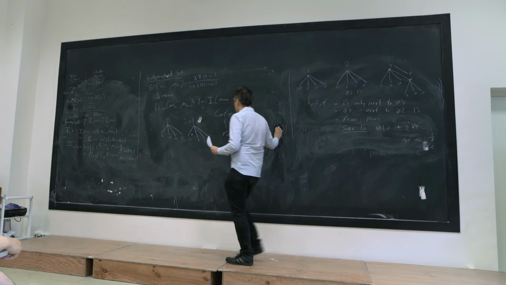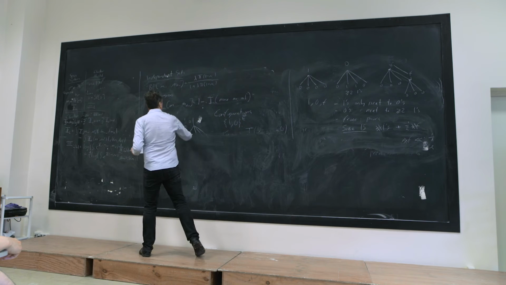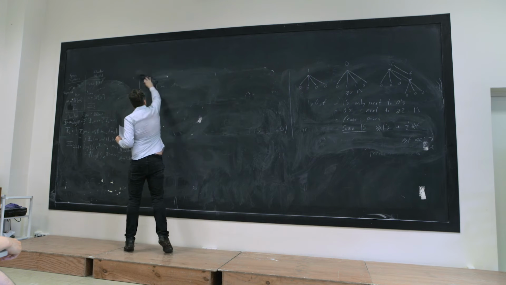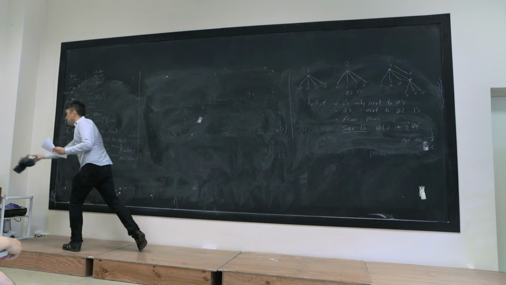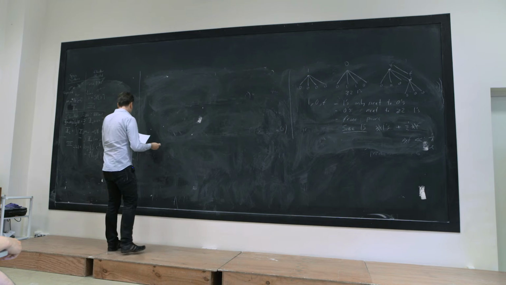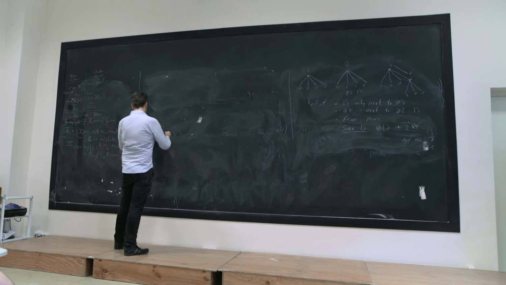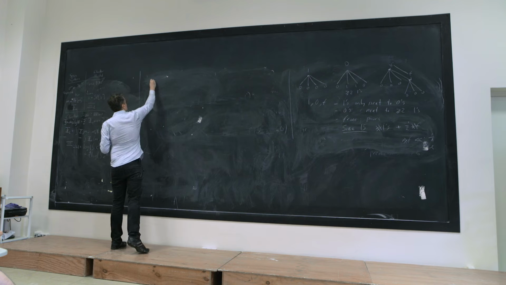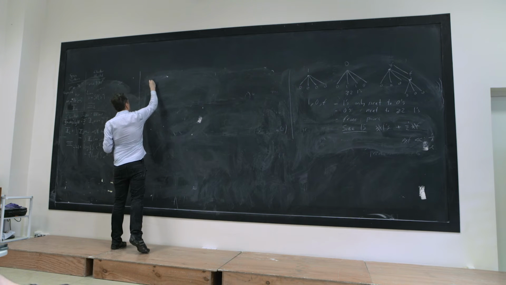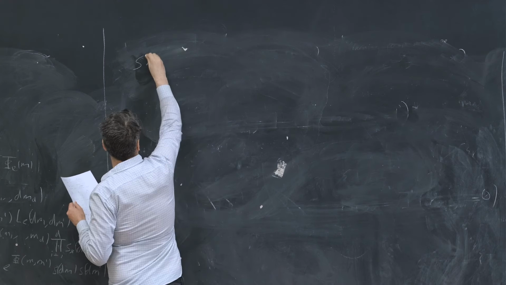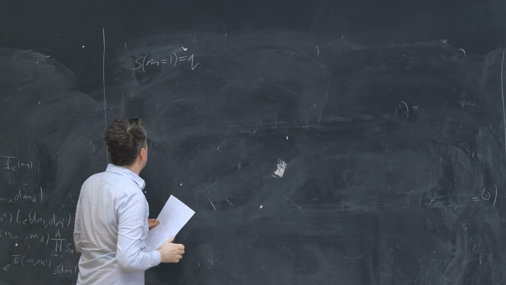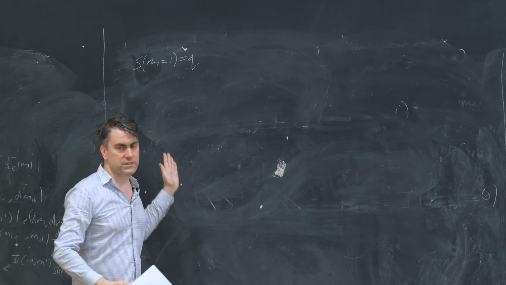So again we can do the same operation, write down the belief propagation or survey propagation equations. So I'll write Q for the density of 1 messages.